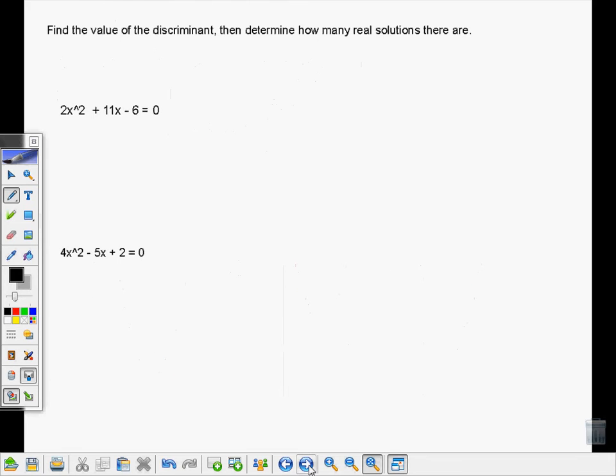So we have this equation, 2x squared plus 11x minus 6. 2 would be a, 11 would be b, negative 6 would be c. Okay? So I'm going to plug that in to my discriminant formula. Remember the discriminant is b squared minus 4ac.